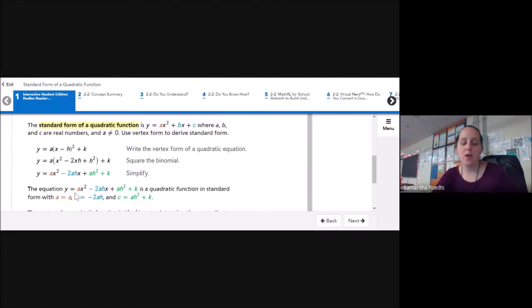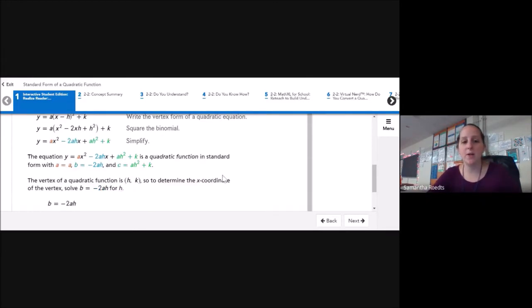The equation y equals ax squared minus 2ahx plus ah squared plus k is a quadratic function in standard form with a equal to a, b equal to negative 2ah, and c equal to ah squared plus k.